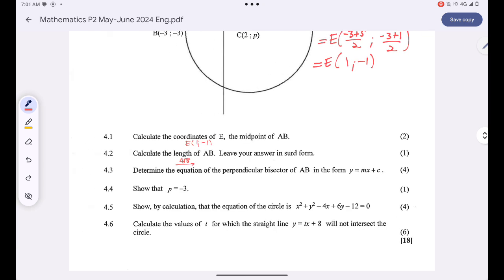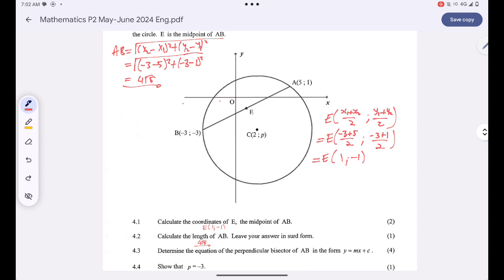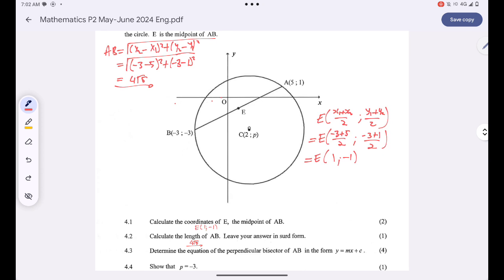And now I'm supposed to determine the equation of the perpendicular bisector of AB. The perpendicular bisector of AB should be a line drawn from the center to the midpoint.